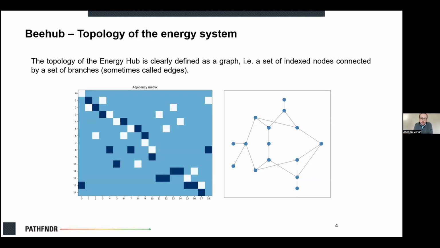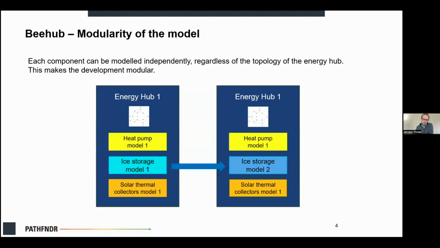One of the differences is that we formulated the energy hub problem using graphs, so that each component of the energy system could be defined as a node or an edge of a graph, so that a particular case study with a particular energy hub can be described by an adjacency matrix, so that we individuate this energy system in a unique way.